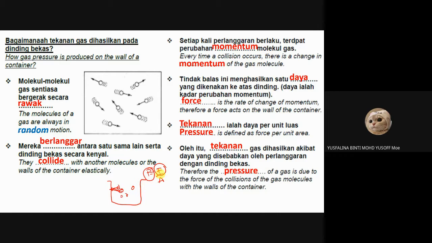What causes the force? The force is caused by the collision. If there is no collision, there is no change in momentum, and that means there is no force. So the cause of the pressure is the collision of the gas with the wall of the container.